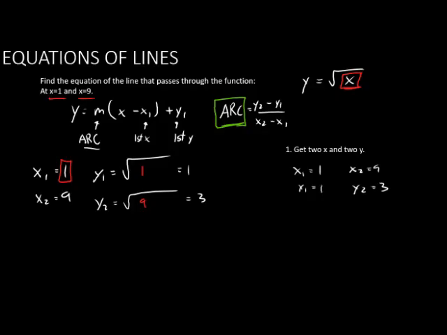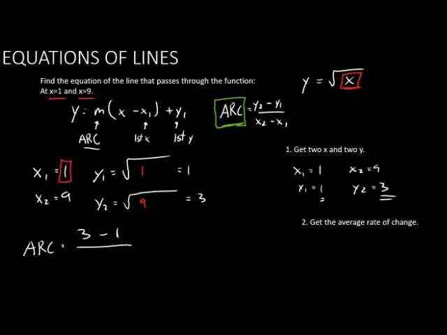Now that I have the two x's and y's, I can get the average rate of change. We remind ourselves that the average rate of change is equal to y2 minus y1 over x2 minus x1. y2 was 3, that will go in the first position. y1 is equal to 1, that will go in the second position. Therefore, on the top, I have 3 minus 1.